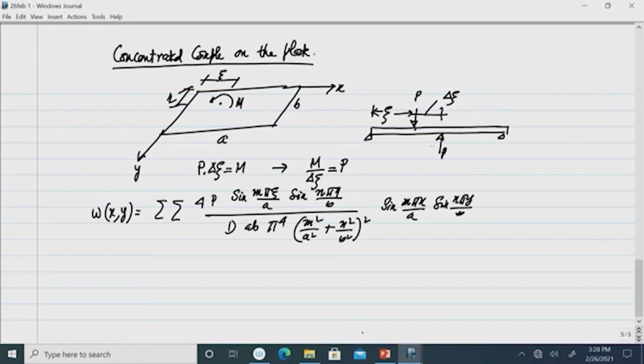But when we come to the neighboring load at a distance of d xi apart from xi, then we replace xi by xi plus delta xi, and eta remains as it is, because the couple is acting along the x direction.